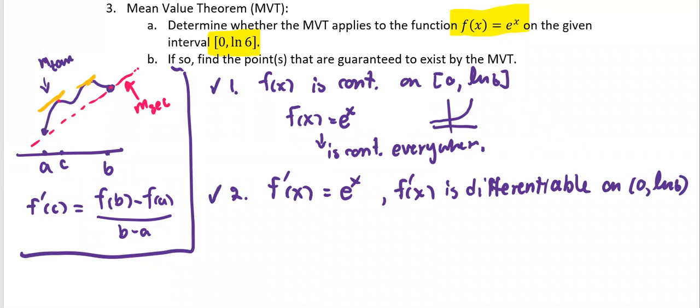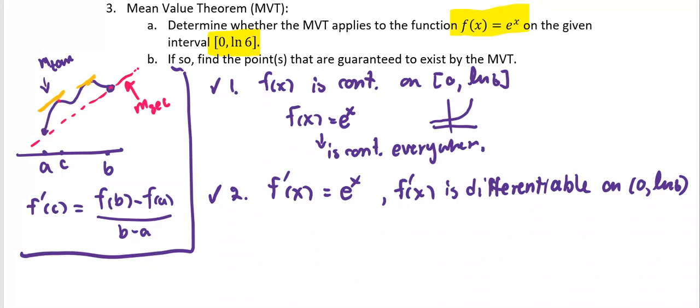Only two assumptions for the mean value theorem, because we don't have to follow the restriction that the function value at point A must be the same as the function value at point B, because that is the assumption for Rolle's theorem. If f(a) equals f(b), the mean value theorem just changes back into Rolle's theorem. Another way to say it is that Rolle's theorem is the special case of the mean value theorem.